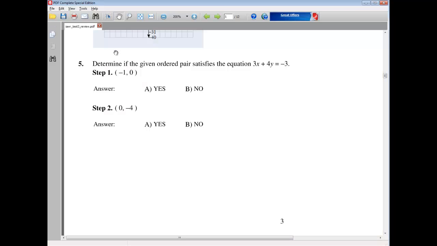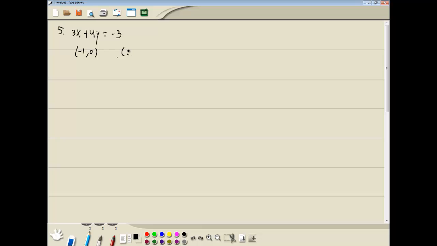And we got 0, negative 4. Well, let's see if they satisfy that. What we're going to do is plug these in for x and y. When they give you a point, they're giving you the x and they're giving you the y. So up here we'll put negative 1 in for the x, and we'll put 0 in for the y. And this is more of a question mark at this point. We're wondering if that's true.